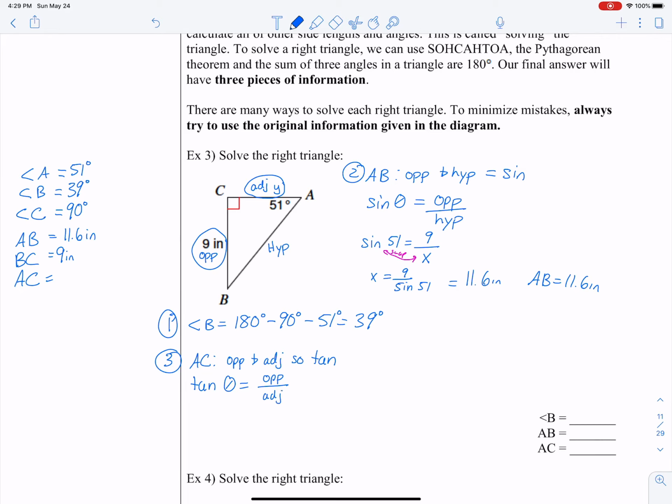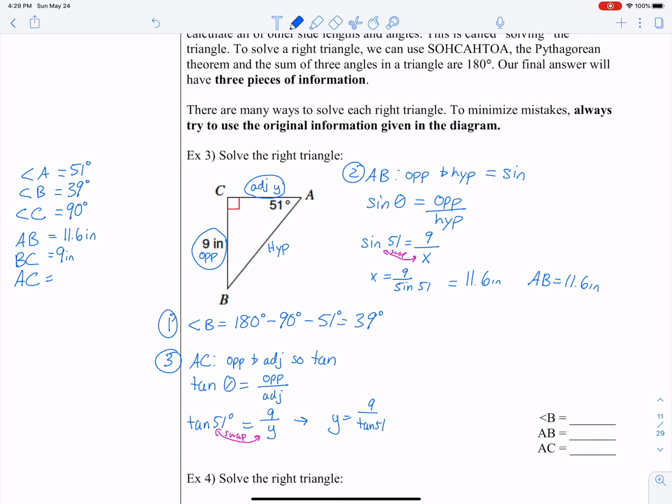I'm going to fill in the information I know. I'm still using 51 degrees. Here's my opposite, it's 9, and my adjacent is going to be my y. So tan 51 equals 9 over y. Again, my letter is on the bottom, so I'm going to swap. So now y is equal to 9 over tan of 51.